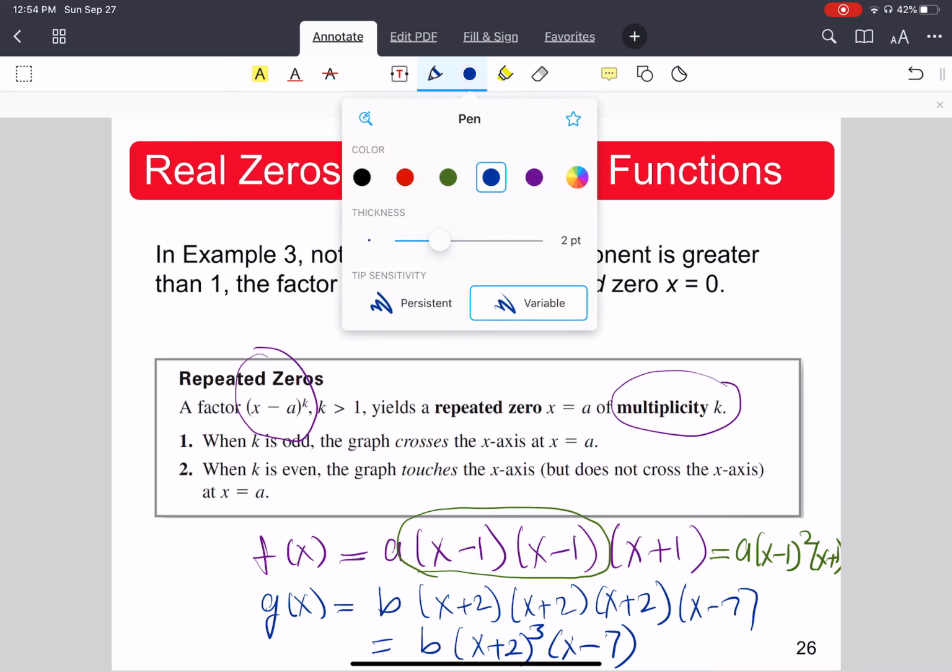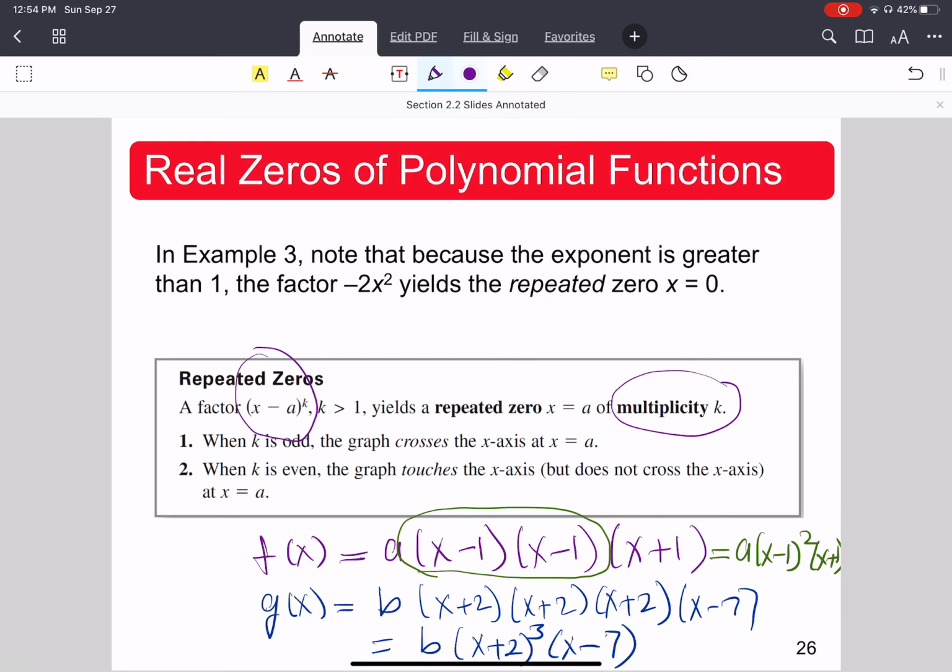For the first one, x equals 1 is a zero, but it's repeating. For the second scenario, x plus 2 is cubed, meaning x equals negative 2 is a zero for this one, but it's being repeated.